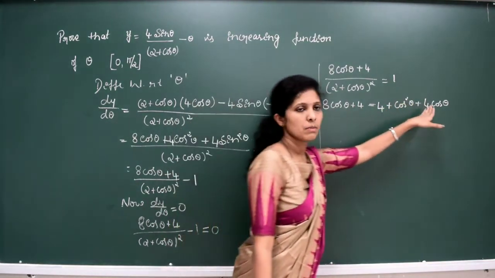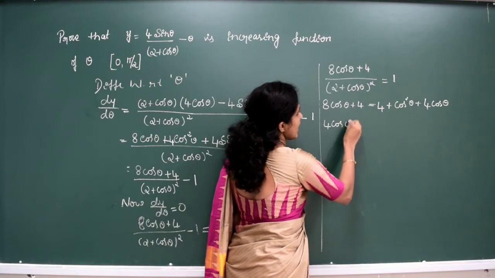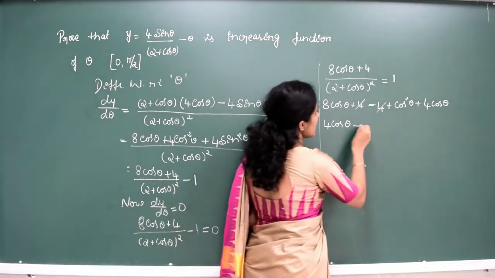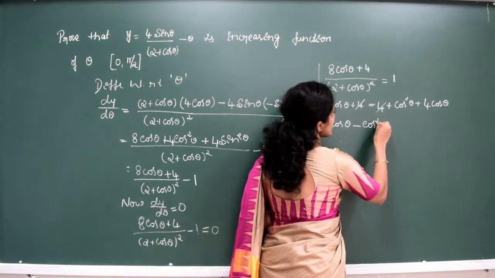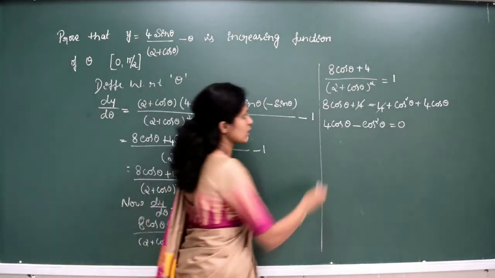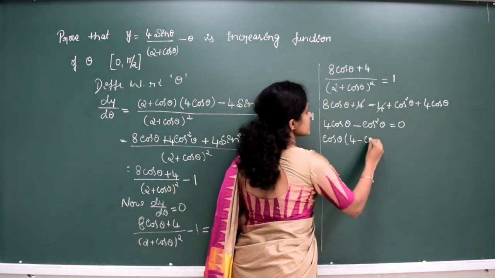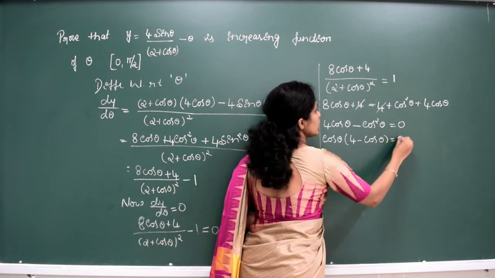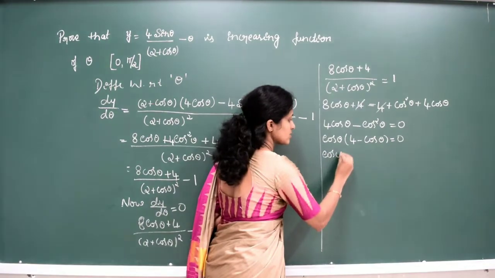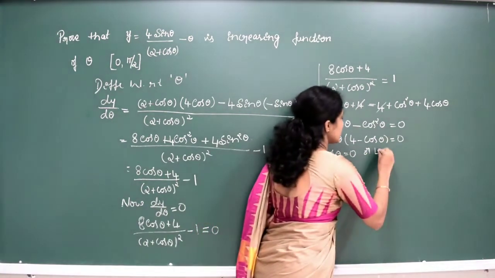Now we will simplify this. 8 cos theta minus 4 cos theta will be 4 cos theta, and here plus 4 and minus 4 will get cancelled. What is remaining? Minus cos square theta is equal to 0. By this we can take cos theta common. If I take cos theta common, what is remaining? 4 minus cos theta is equal to 0. So possible values are either cos theta is equal to 0 or 4 minus cos theta is equal to 0.